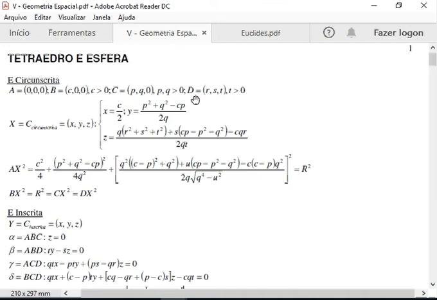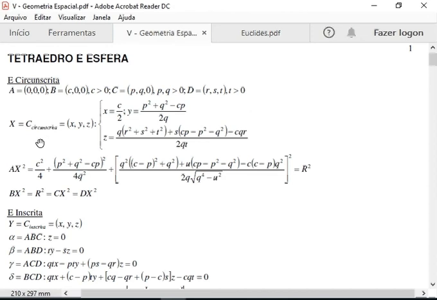Then we choose r, s, t, the coordinates of D, with t greater than 0. We must have t greater than 0 as hypothesis. This gives A, B, C, D a polyhedron.